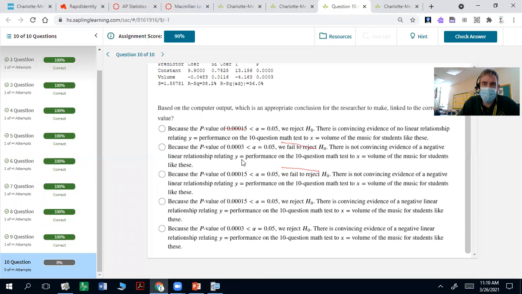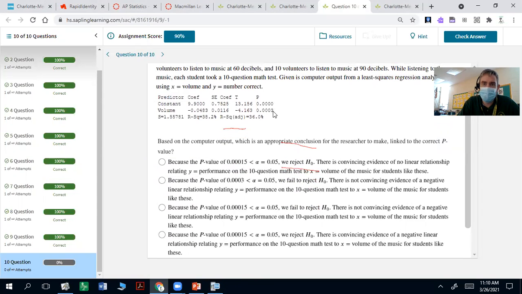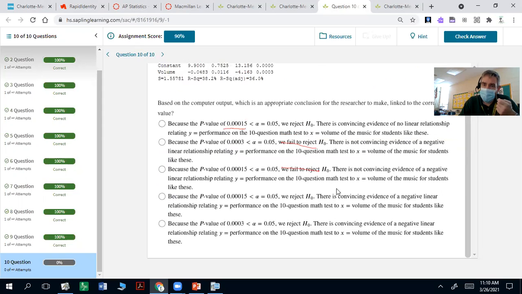And if you look up that p-value, even though it said 0.0003, that p-value most likely, as a computer output, is a two-sided test. But if it's a one-sided test as a negative, we would cut that in half. So based off of that information, you would have to pick this one, I hope. There is convincing evidence of a negative linear relationship in this case.